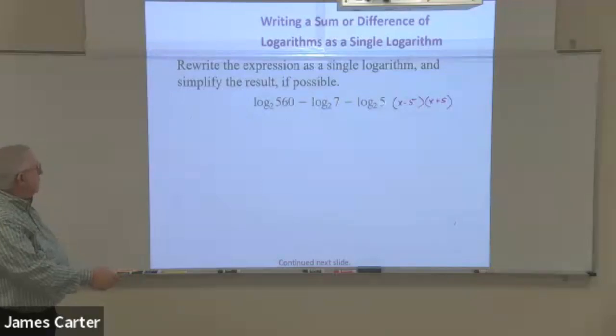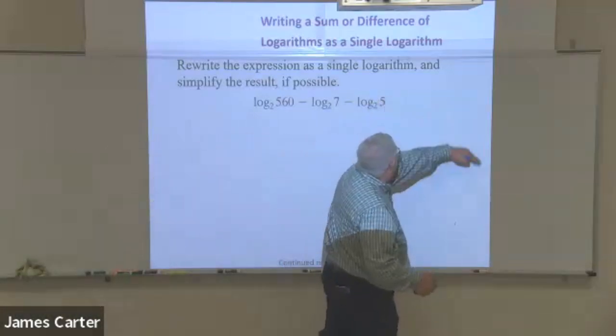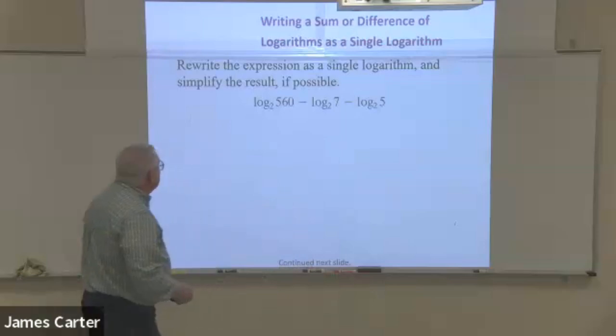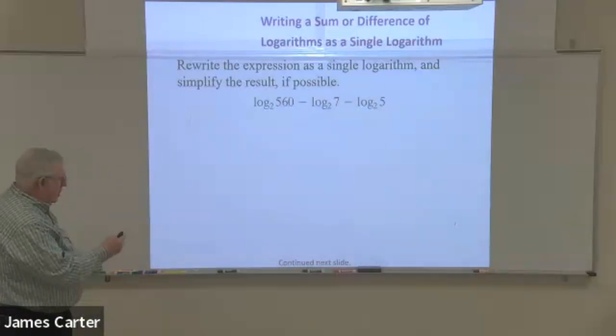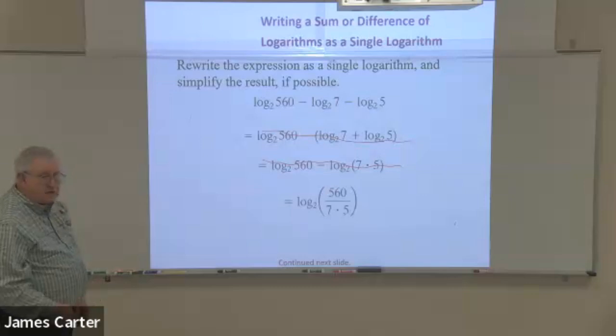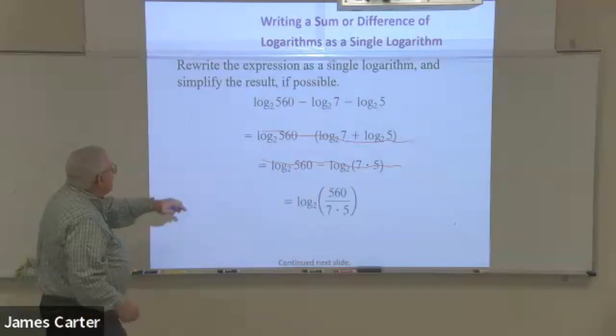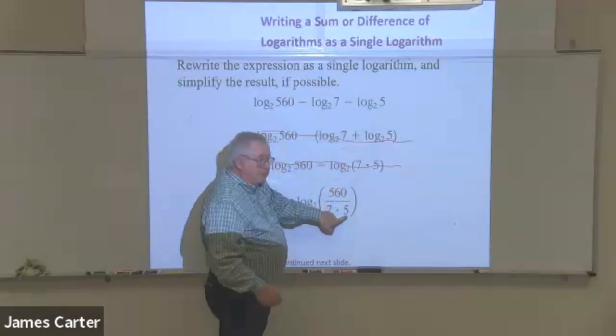Log 7, no. Oh, don't need these. We want to bring it all back. I've got a positive here and 2 negatives. So basically, I wouldn't show those steps, I go straight to this. I put my positive on top, my 2 negatives multiplied on bottom.